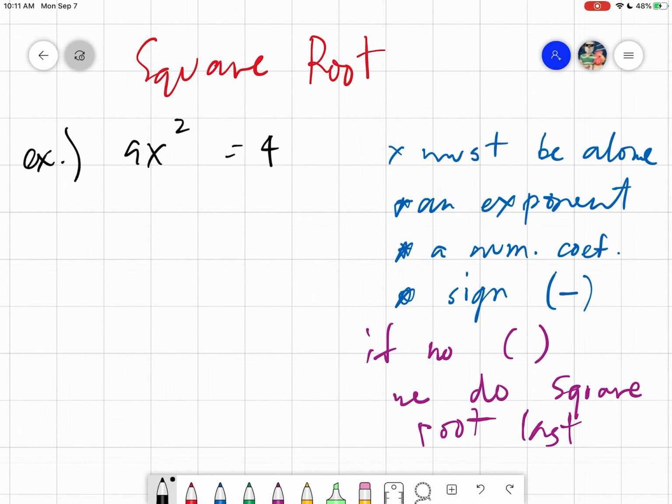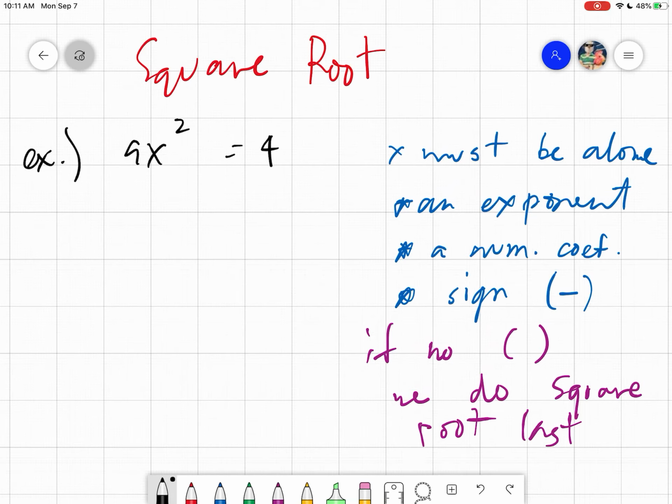So basically, we eliminate 9, and since the operation between the number and x is multiplication, this is actually 9 times x squared is equal to 4. We need to eliminate 9. If 9 is immediately beside x, how do we eliminate this kind of numerical coefficient?